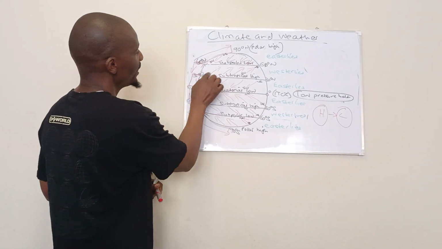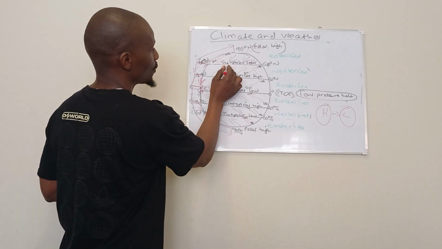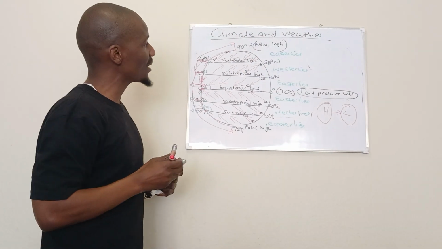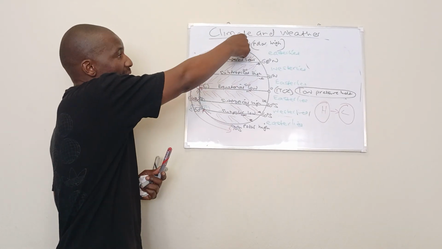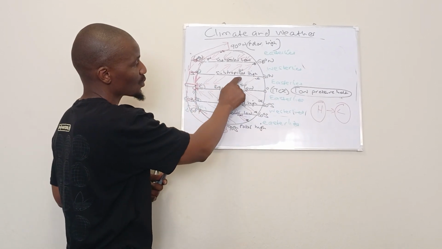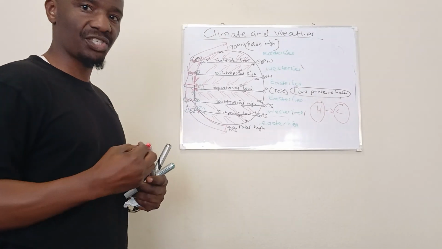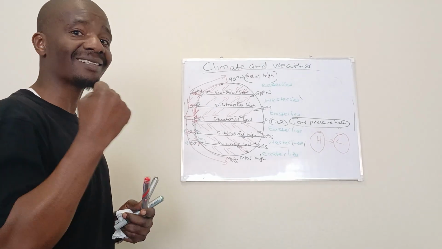But when it goes towards the subpolar low, which is low pressure, it meets with the air that is blowing also from the polar high. These two air masses, the one blowing from the polar high towards the subpolar low and the one blowing from the subtropical high towards the subpolar low, have different characteristics in terms of temperature and in terms of the moisture that they hold.